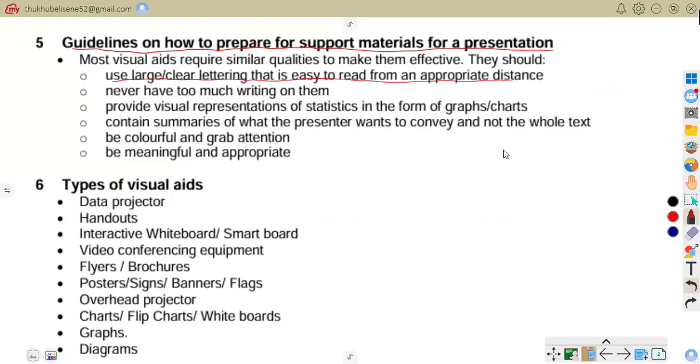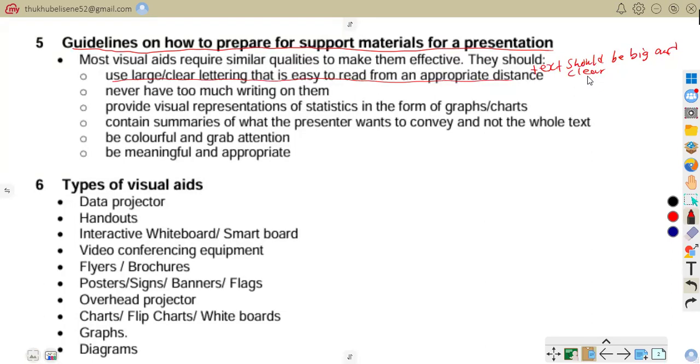Meaning to say the text should be big and clear, so that everyone can read it, even from the back of the room.